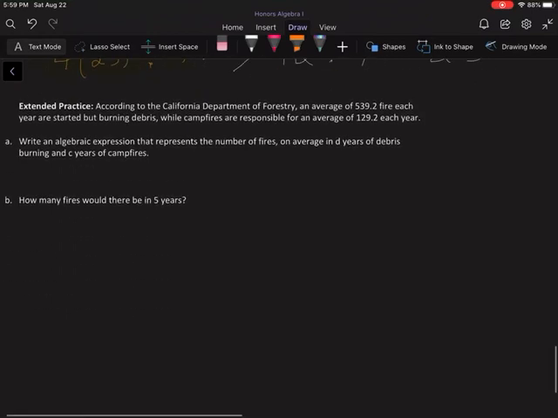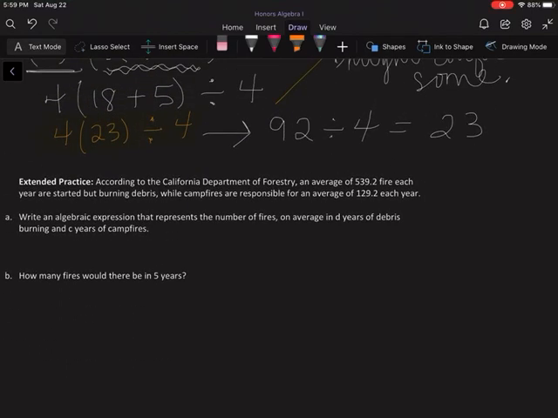Okay, I think last but not least, we're going to do this problem here. According to the California Department of Forestry, an average of 539.2 fires each year are started by burning debris.